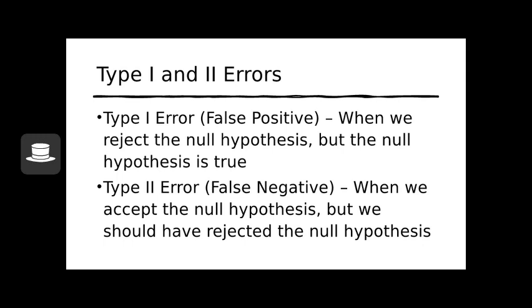We thought that there was a relationship, but there actually wasn't. The type 2 error is the opposite. We accept the null hypothesis. We say that there's not a relationship between our variables, but we should have actually rejected the null hypothesis. So in the population, what actually happened was that there was a relationship between our variables.